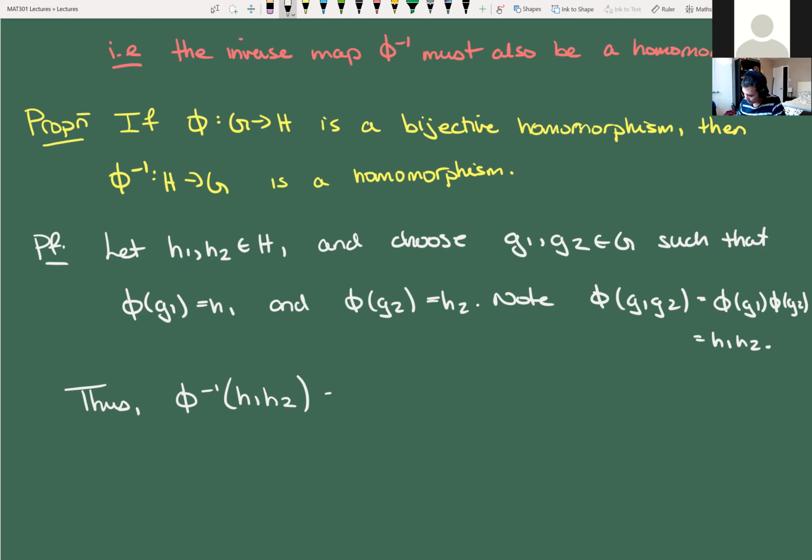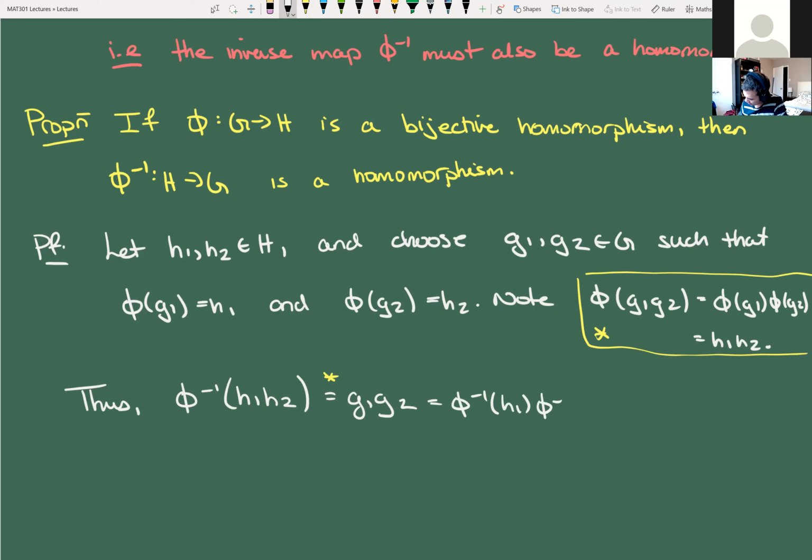And well, that's equal to G1 G2 because of this equation. And yeah, that's equal to phi inverse H1 phi inverse H2, as I wanted, right? And so I'm done.